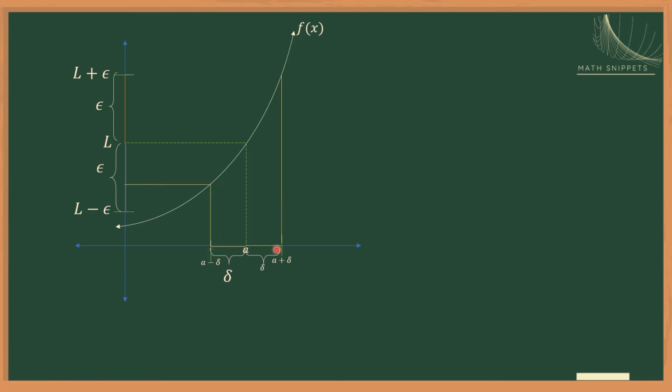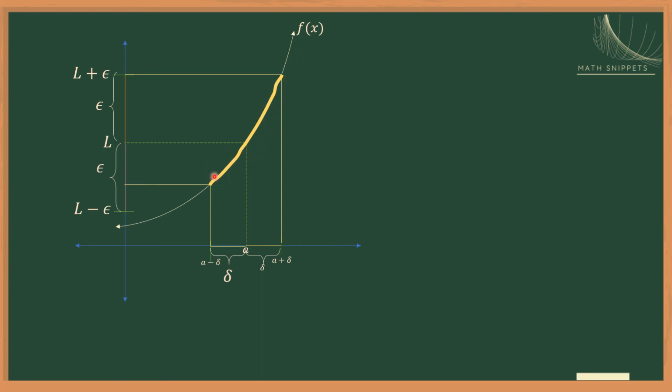Now this band tells us that if we pick a value of x within the interval a minus delta to a plus delta, then the corresponding function values would just be within this part here. On the graph, it is anywhere on this yellow shaded part.